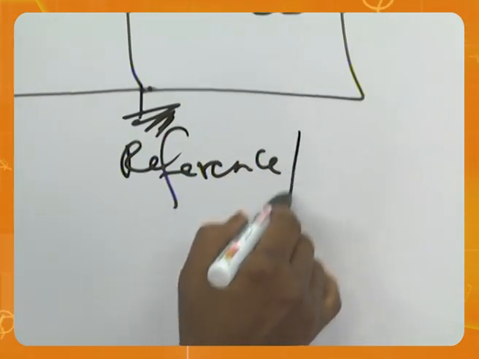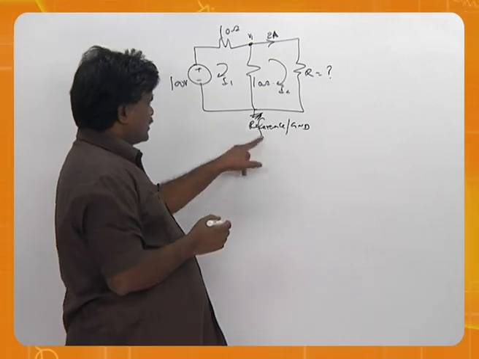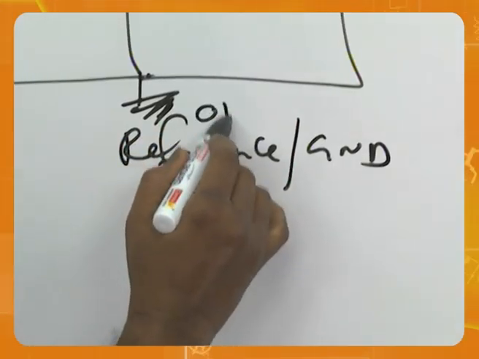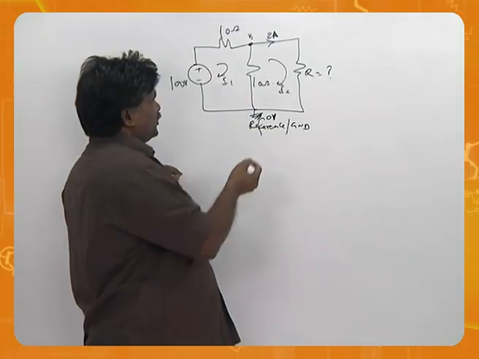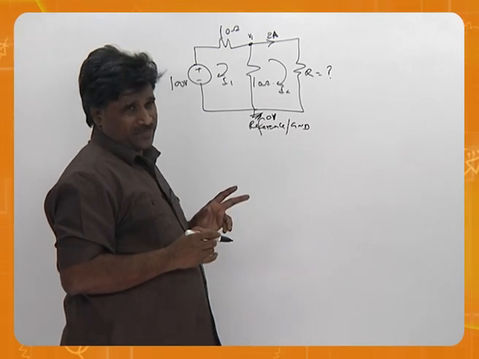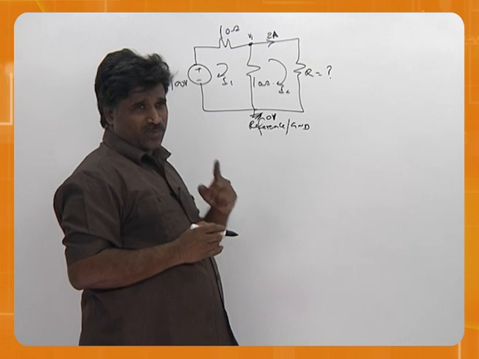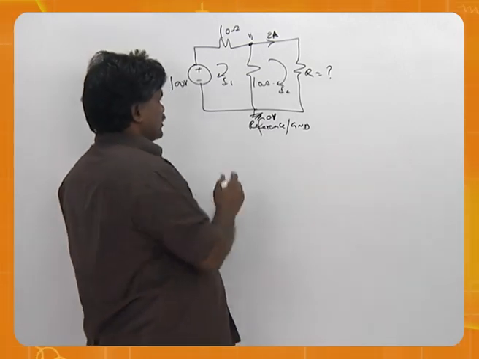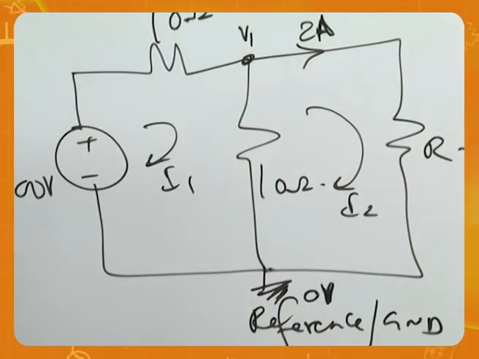Some people call it ground. Either way, no problem. Once this is treated as a reference node or ground, this is 0 volts. Now, you can solve this by one single equation. Instead of going for 2 loop equations, you can solve with one nodal equation. Instead of applying KVL twice, you can apply KCL once.